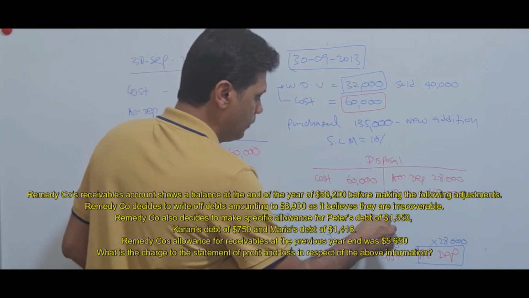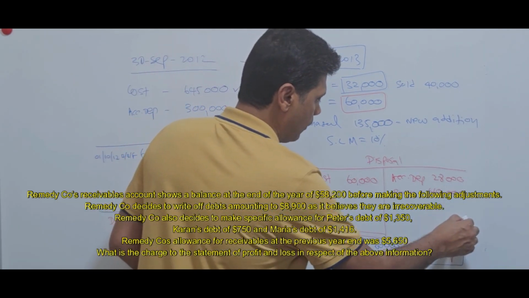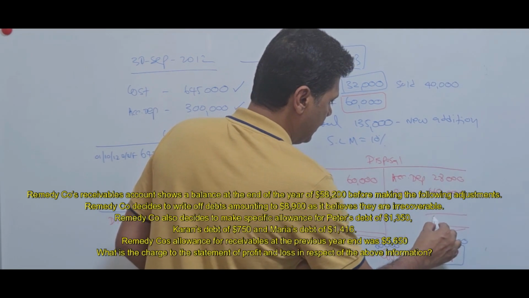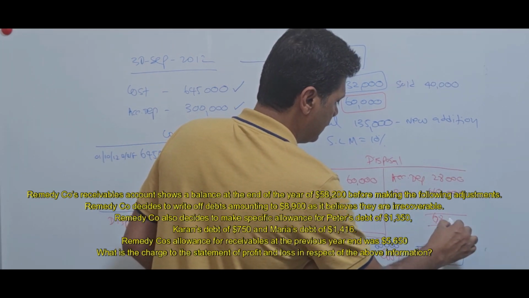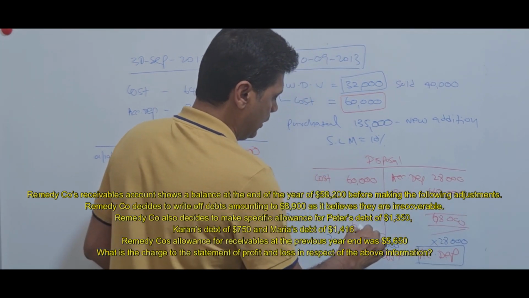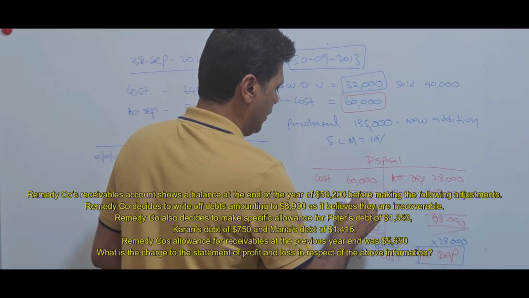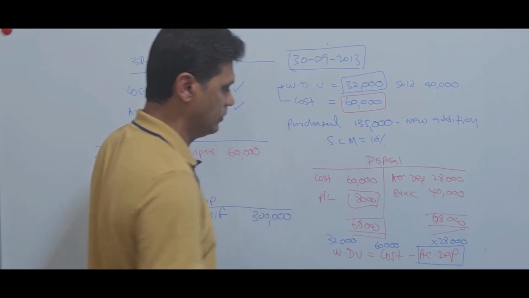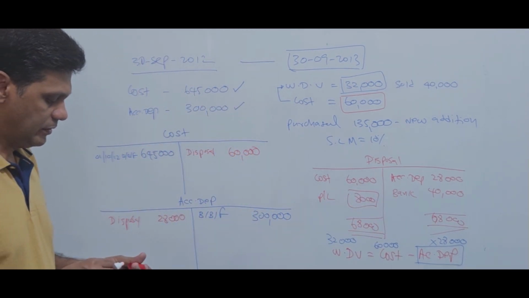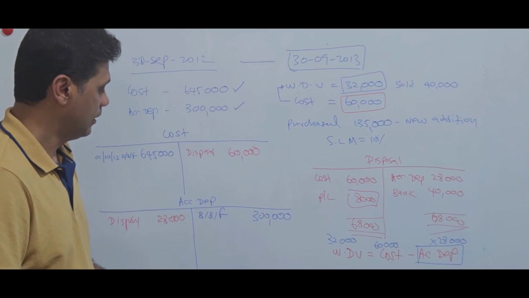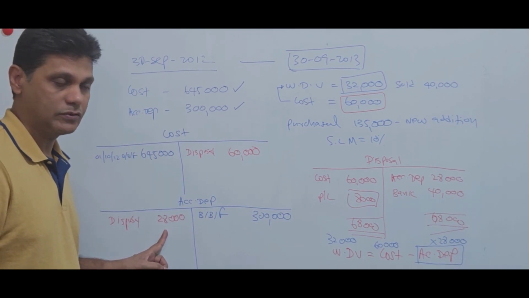Thereby you can calculate the profit or loss from this. So basically it is 68,000, so 8,000 is the profit. This is transferred to the profit and loss account. What is important here is this value 28,000.